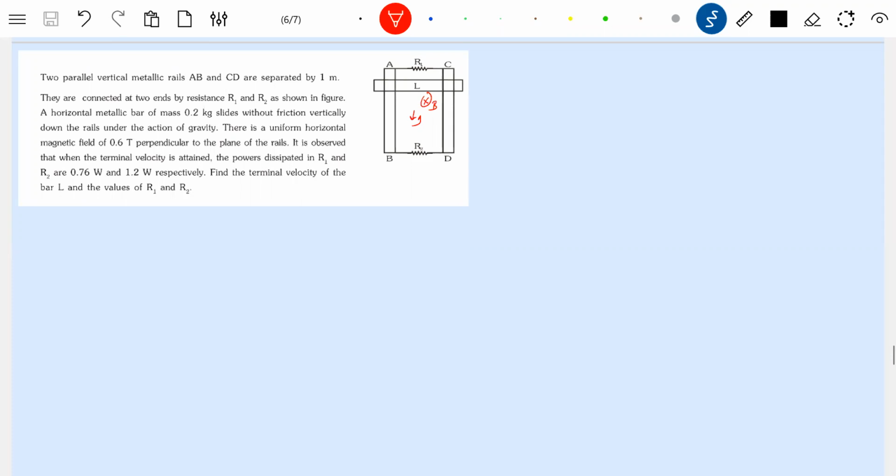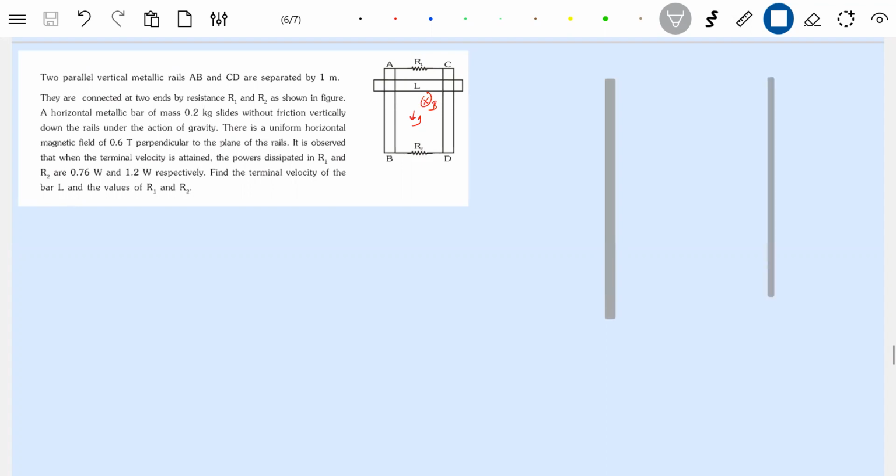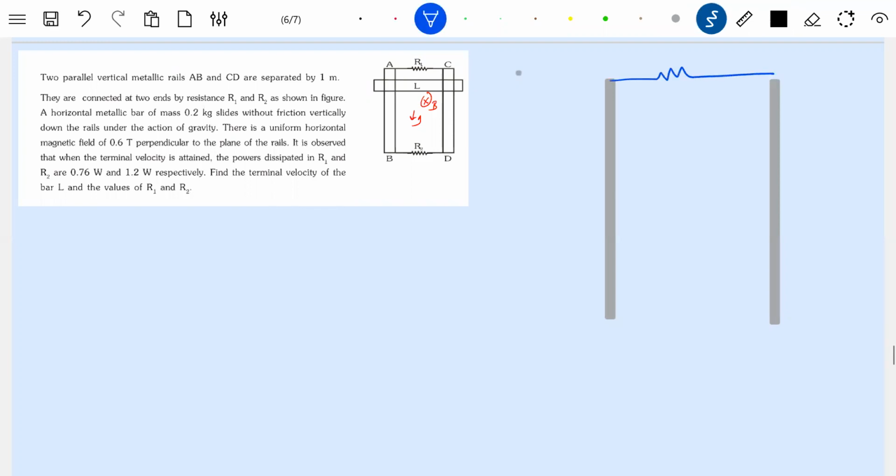So the moving rod is moving with a terminal velocity. So some information is there. This has a resistance, this has a resistance. So then magnetic field B, velocity.